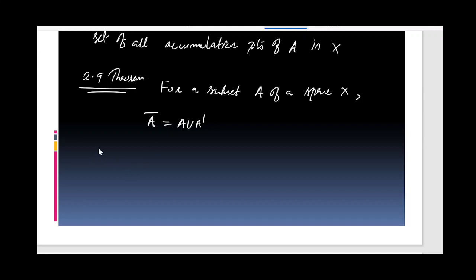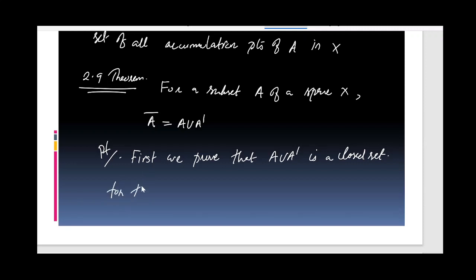Proof of this. First we prove that A union A dash is a closed set.